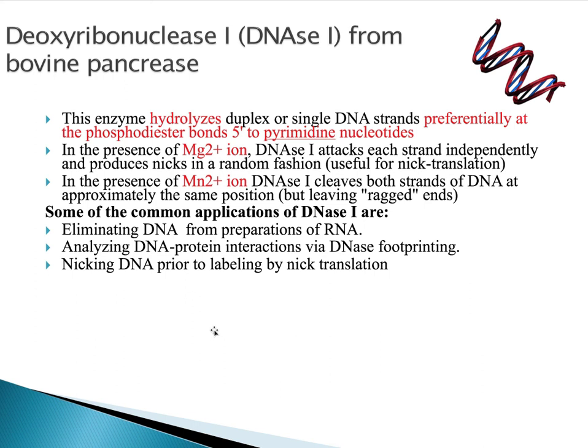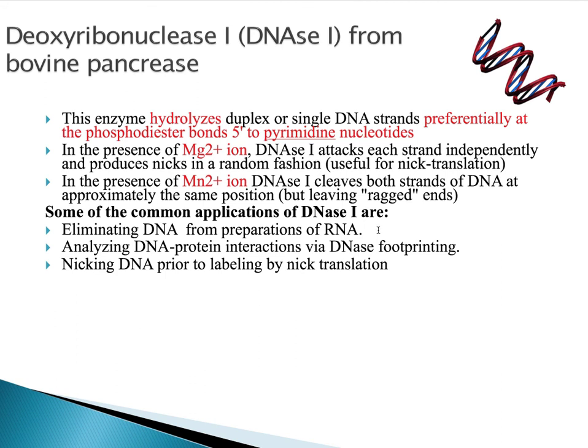It's interesting, if you provide manganese ion, it starts to cleave both strands at the same position. So it's very interesting how it depends on what you provide. It can either just cause a nick or cleave both strands at the very same position. However, it leaves a residue.